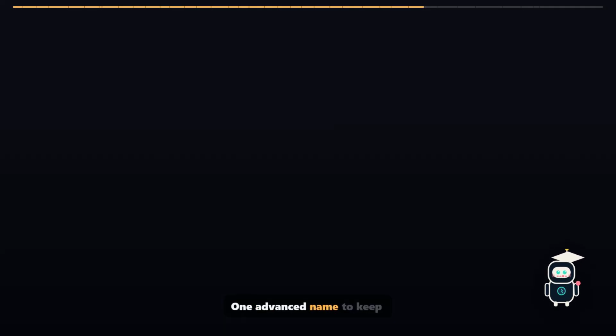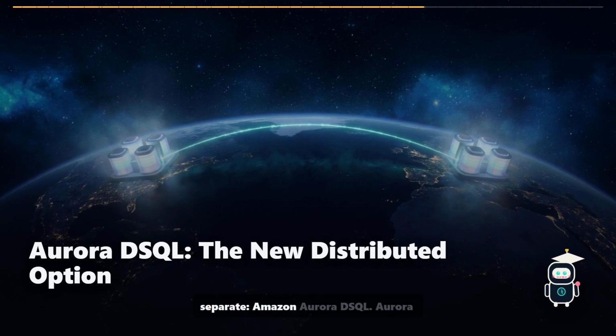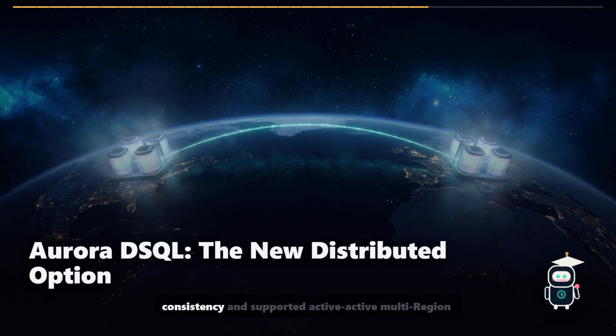One advanced name to keep separate: Amazon Aurora DSQL. Aurora DSQL is not an Aurora MySQL or Aurora PostgreSQL cluster. It is a separate serverless distributed relational database service for transactional workloads that need strong consistency and supported active-active multi-region operation.